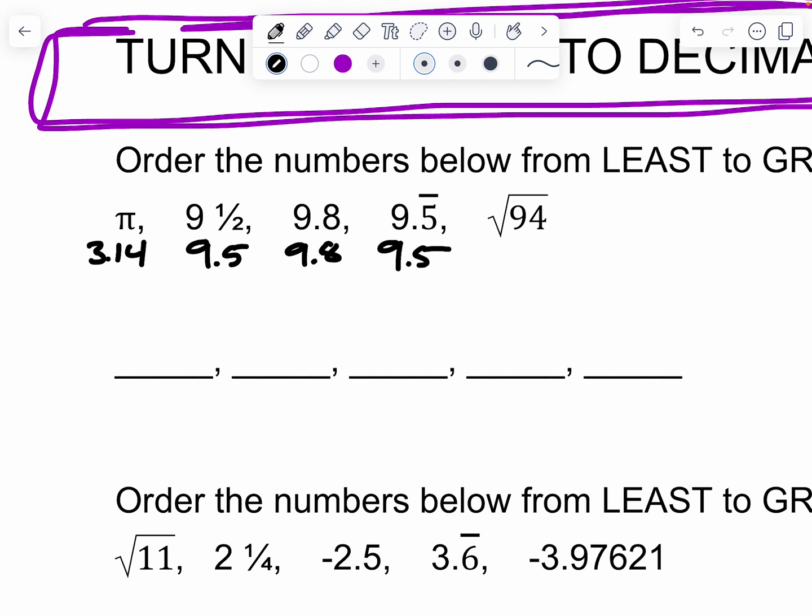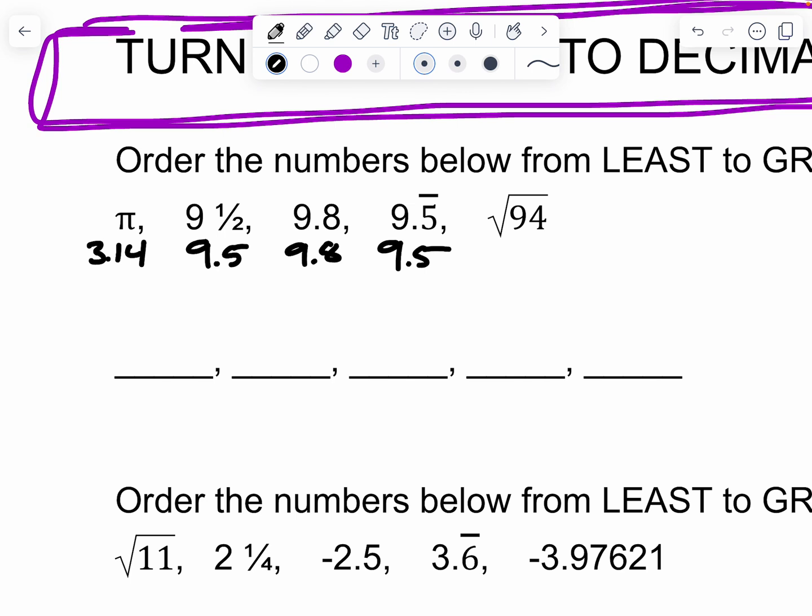If you're not sure how to do that on your calculator, you're going to hit the second button, which is that green button at the top of your calculator, and then you are going to hit the x squared button, which is the button next to the 7, and the little square root symbol should pop up. Type in 94, and make sure you type in a decimal.